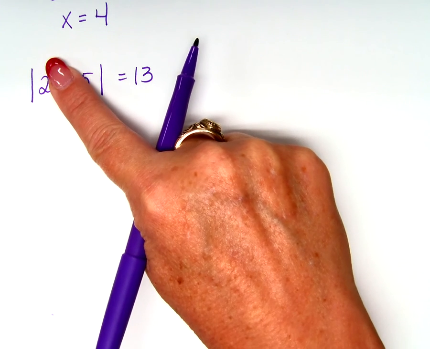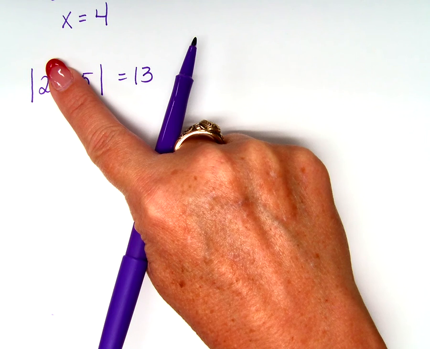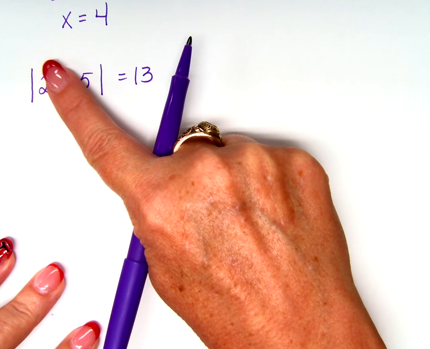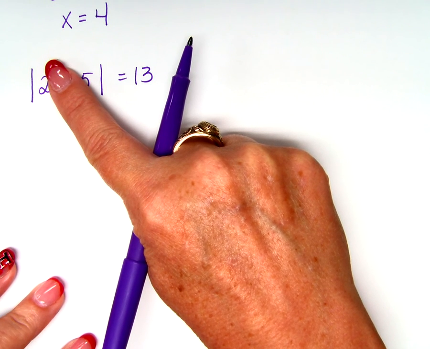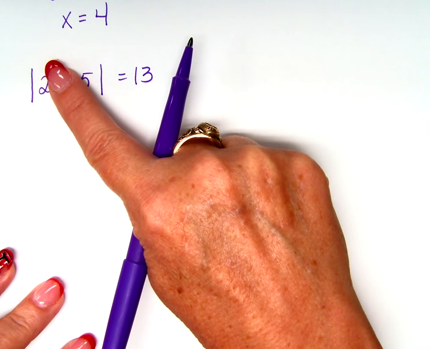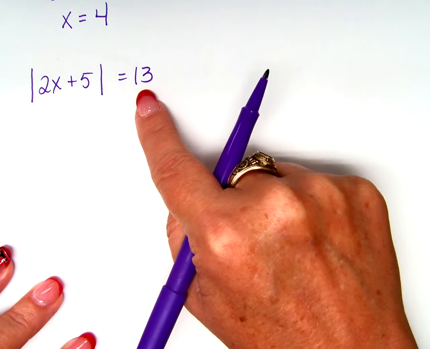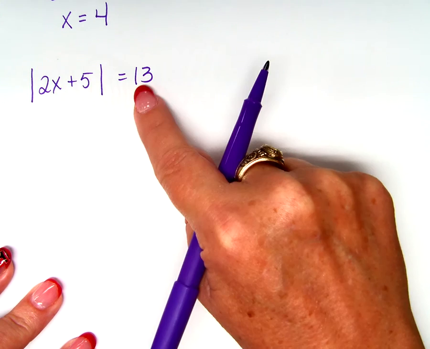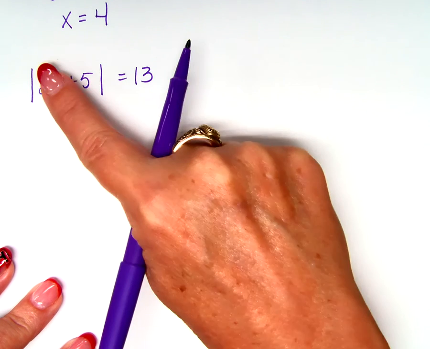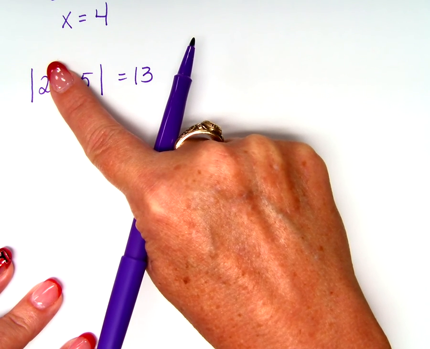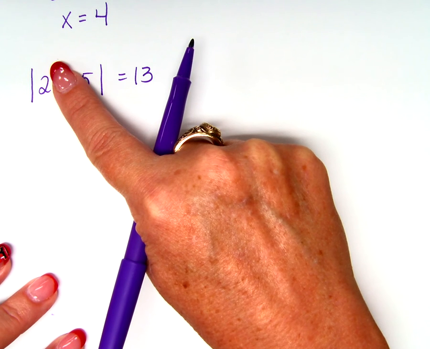Also negative 13, right? Does everybody understand that? So there's actually 2 things that this can equal. It can be 13 and it can be negative 13. Because if I take the absolute value of 13, I get 13. And if I take the absolute value of negative 13, I get 13. So it's the number inside the absolute value that can be either positive 13 or negative 13, right?